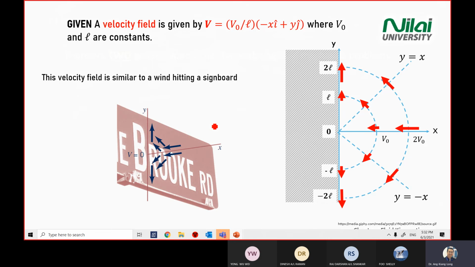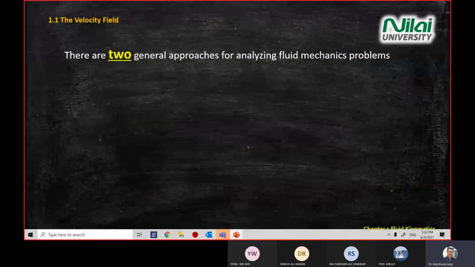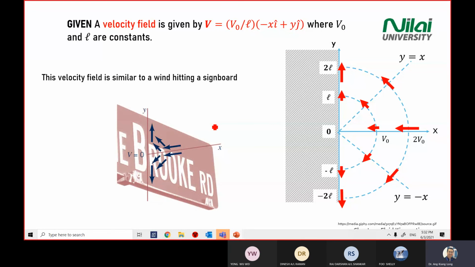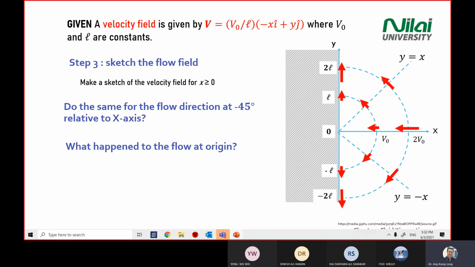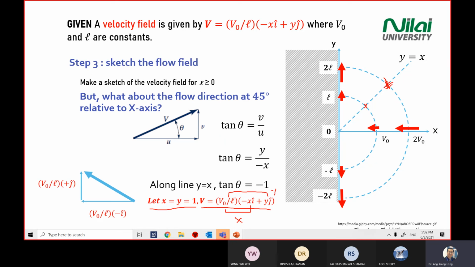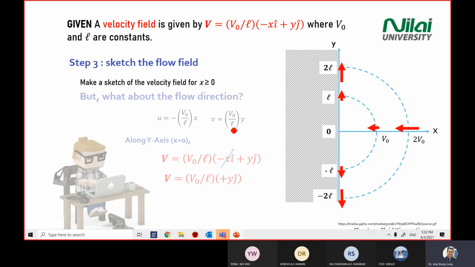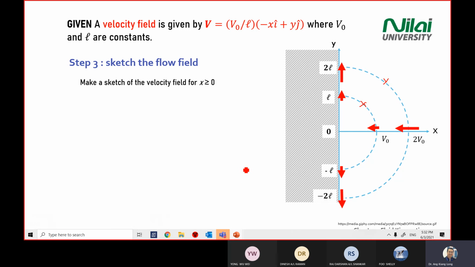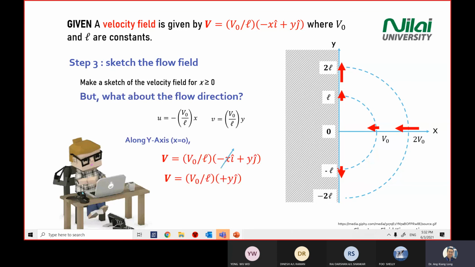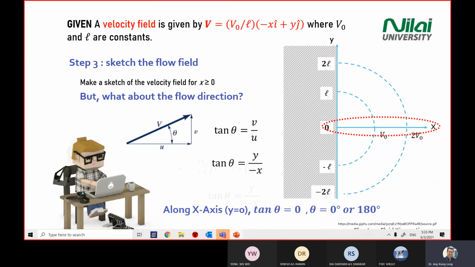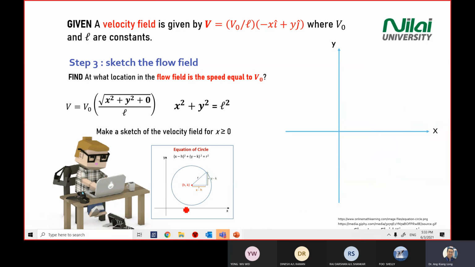Okay, so just to conclude today's tutorial question, what we try to teach you today is vector. Recall what is vector. Recall what is the trigonometry equation, what are tangent, sine, cos. And then, just to recap, what is the equation of circle?